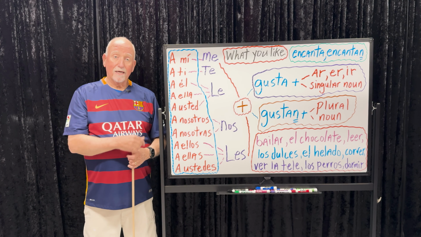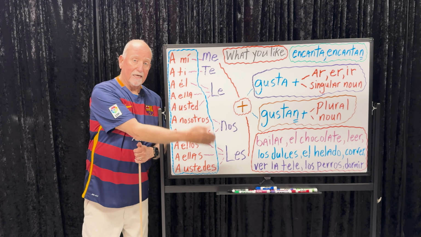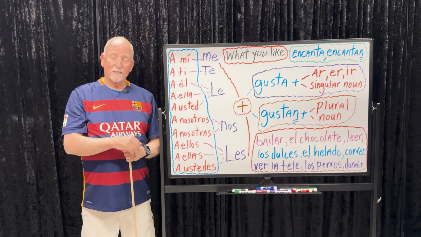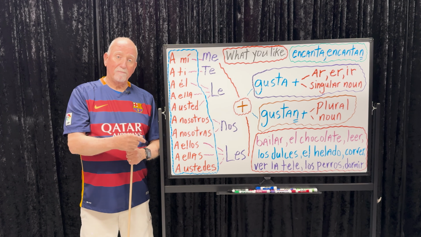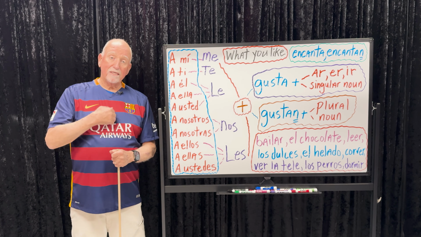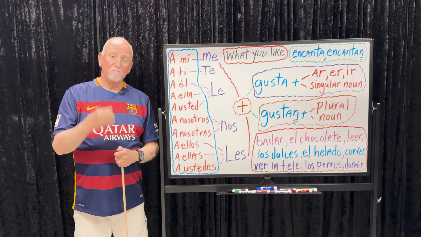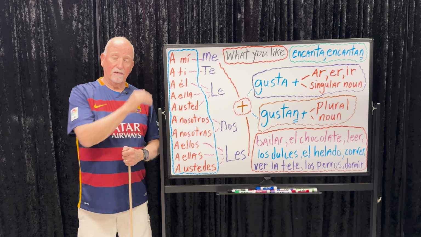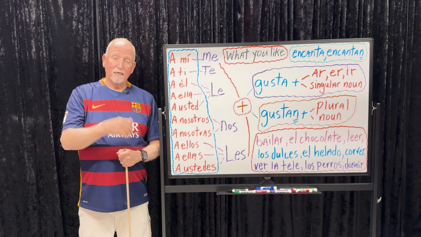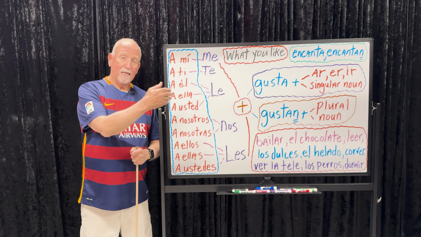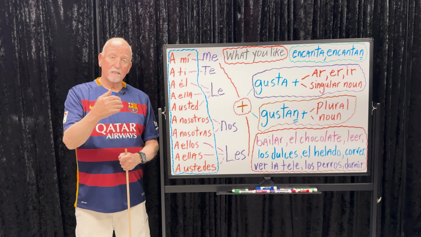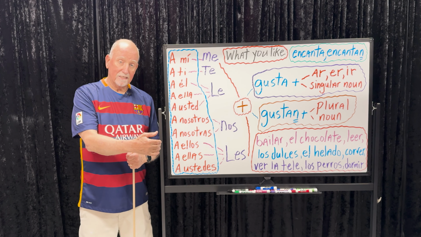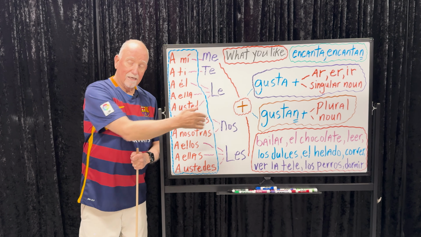The girls like, a las chicas les. The boy likes, al muchacho le. Dad likes, a papá le. My teacher likes, a mi maestro le. The girl likes, a la muchacha le. Mr. Martinez likes, al señor Martinez le.